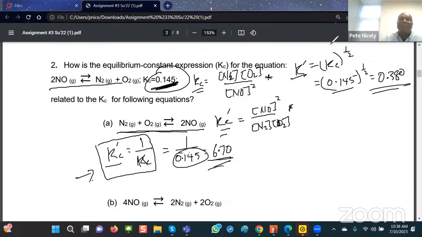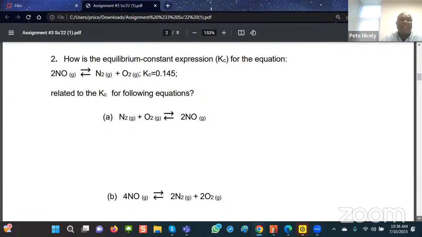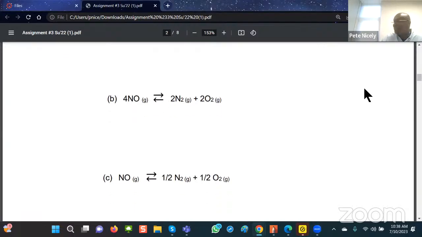Okay, let me clear this and scroll down. Again, we need to find Kc prime for the second equation, which is this one right here.